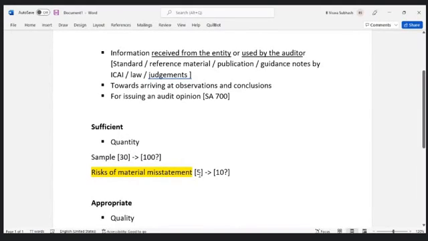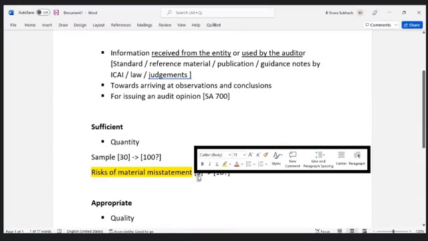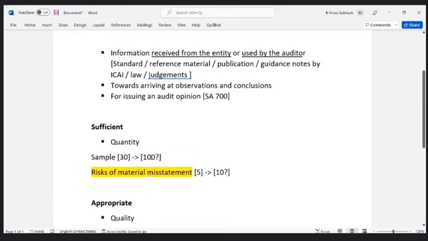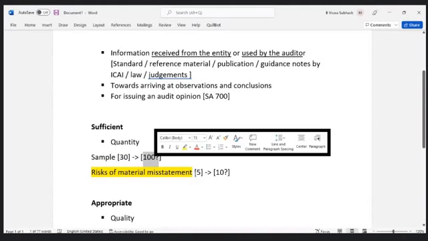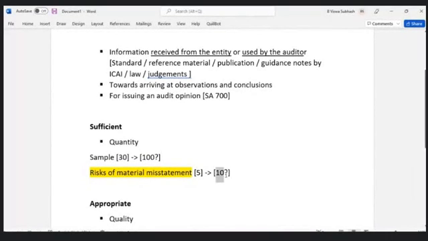It always depends upon the nature of the misstatement, the nature of the observation, the nature of the issues that you're looking at. All of these need to be considered, and you have to increase the sample size, or do more audit procedures to have an appropriate conclusion.